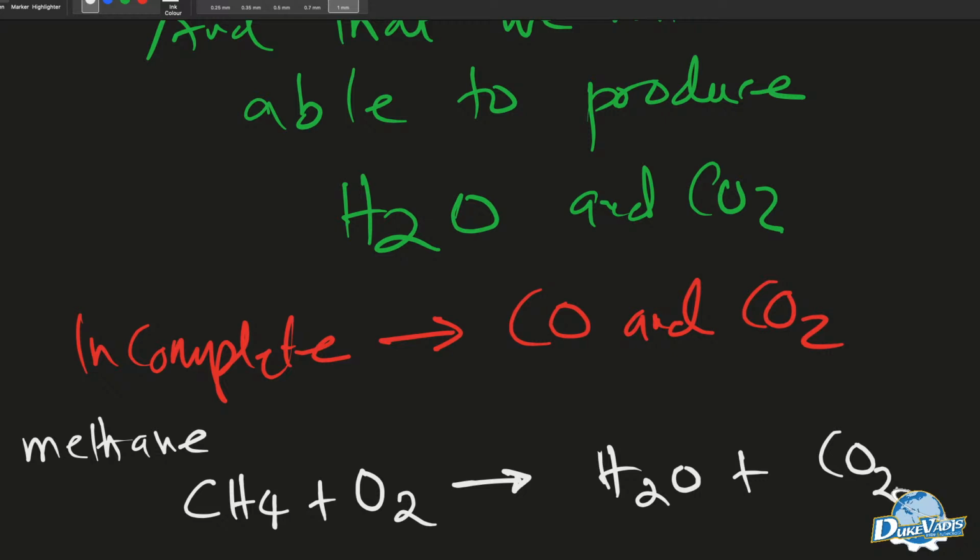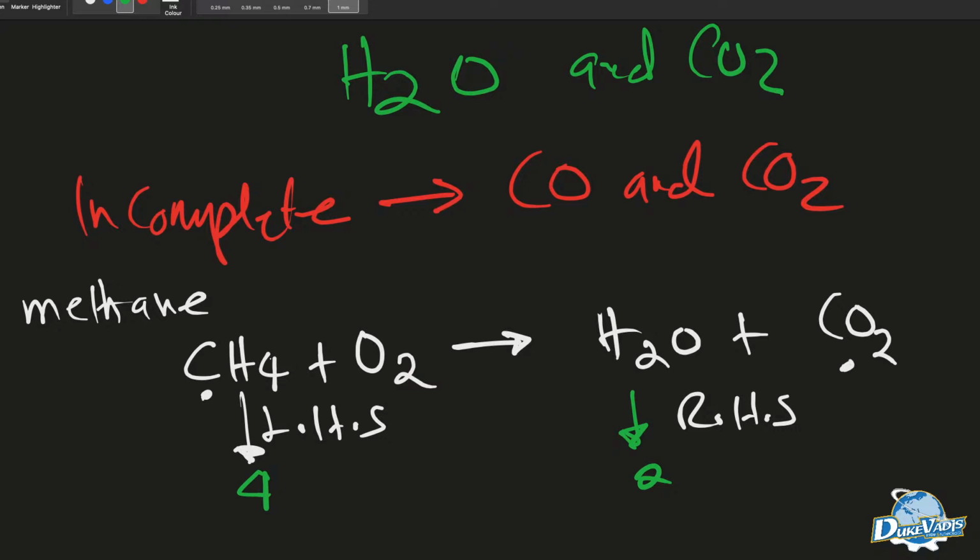If you look at the left-hand side and the right-hand side, you can see that we have one carbon here and one carbon here. But hydrogen, we have 4 over here, and the hydrogen here is 2. Meaning, if we put 2 here, then we have 4 hydrogens.